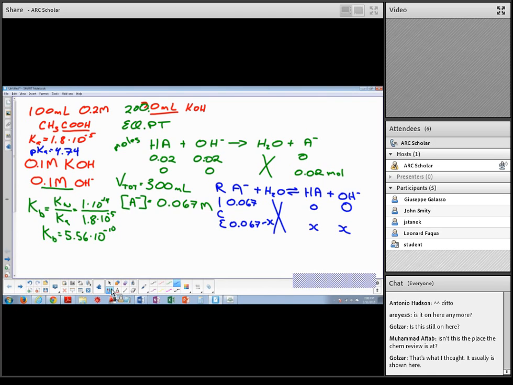All right, so I'm going to plug back into my Kb, right? I'm going to solve for x. So remember, products over reactants, so x squared over 0.067 minus x. Are we going to be able to ignore that minus x?